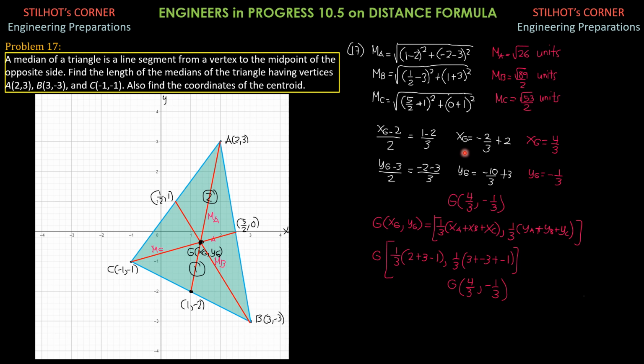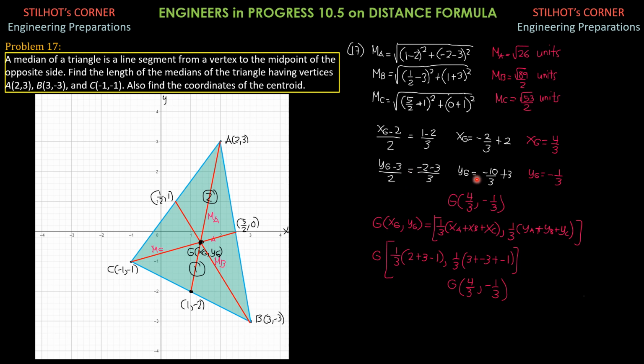Solving for xG, cross multiply, so negative 2/3, then plus 2. So xG is 4/3. Likewise for y, yG minus 3 as to 2 is equal to negative 2 minus 3 as to 3 units, the hypotenuse, or define sine of the angle theta.